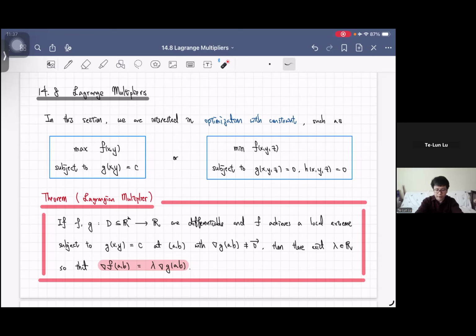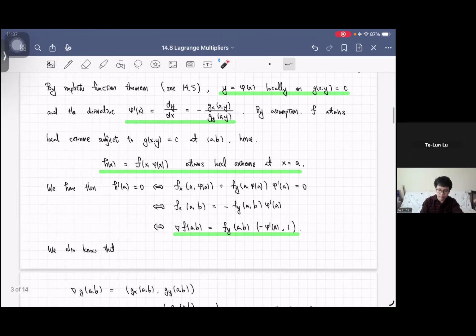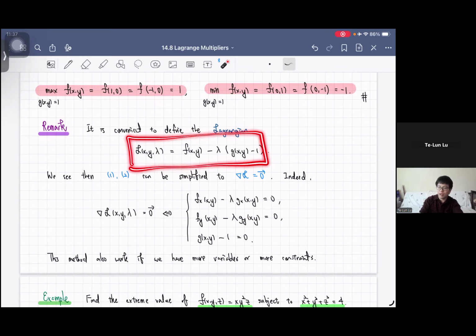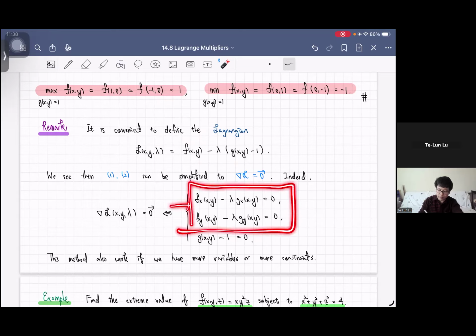So alternatively, we have this Lagrange multiplier theorem, which tells you that whenever f achieves a local extremum on a particular constraint, then the gradient of f must be parallel to the gradient of g. And that motivates the method of Lagrangian, which tells you that we can set up this type of new function with an additional variable, so that instead of solving the critical point for f, we're solving the critical point for L, which accounts for the parallel gradients and also the constraint itself.